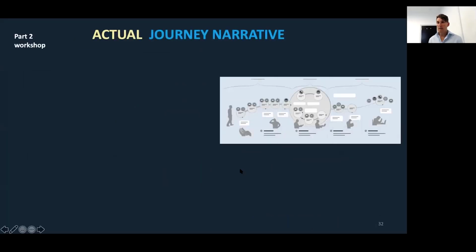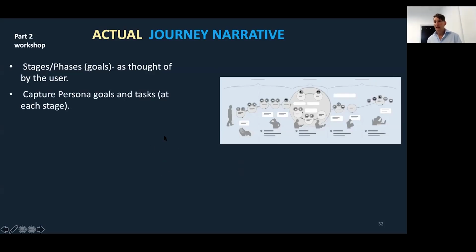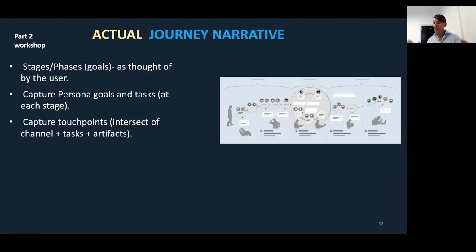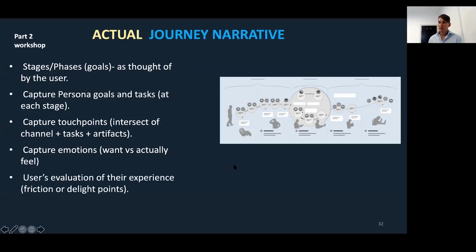So in your actual journey narrative, you've got your phases, your persona goals and tasks. It may be a persona-based journey map, or it may be a broader, collective, everybody kind of experience, like this one here. Capturing your touch points, your channels, your tasks and artifacts, maybe things that you noticed the user was doing, and emotions, like what do they want versus what do they actually feel about an experience, and how a user actually evaluated.